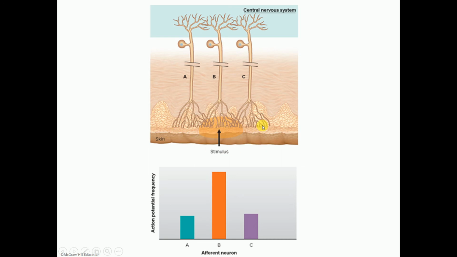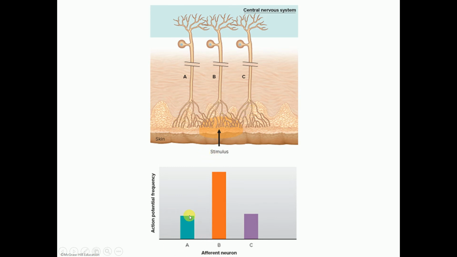Okay. So what happens is that if you apply the stimulus right here, right in the middle of the sensory field or the receptive field of neuron B, that will lead to more activation of neuron B. It'll still activate neurons A and C, but not as much.